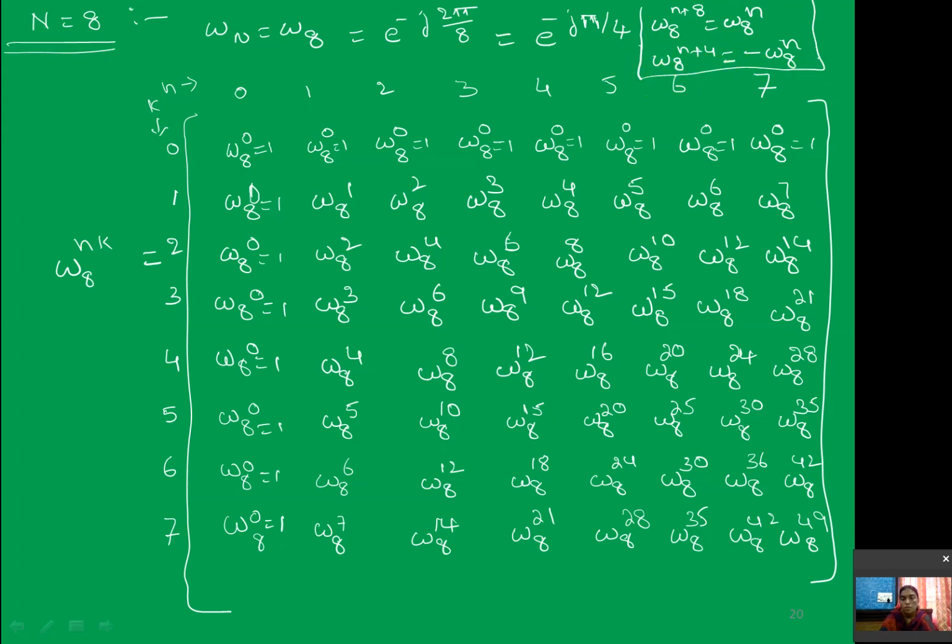So note down, W8 power 5 means W8 power 1 plus 4, so you may write minus W8 power 1. We know the W8 power 1 value.